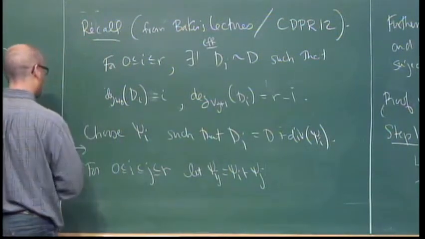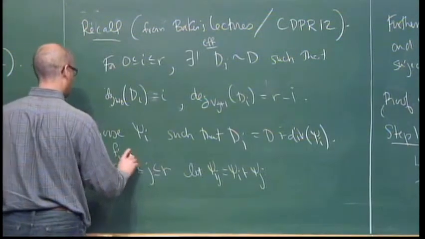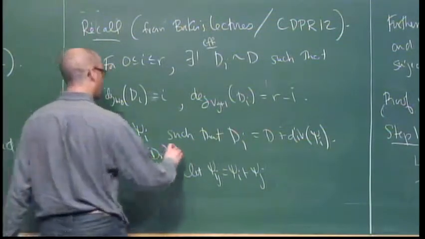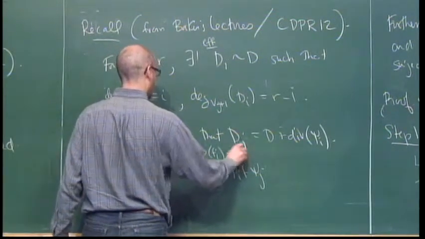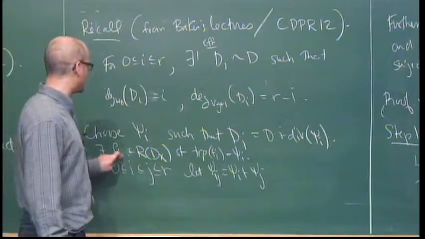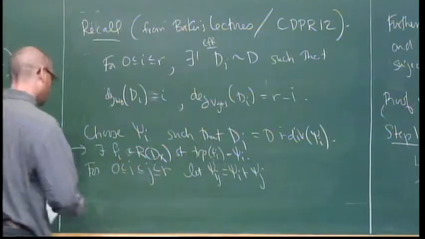And as Matt mentioned in his talk, there exists f_i in the linear series on the curve upstairs such that the tropicalization of f_i is equal to psi_i. And that follows from the uniqueness of D_i. So now we've lifted this to an actual function in the actual algebraic linear series.